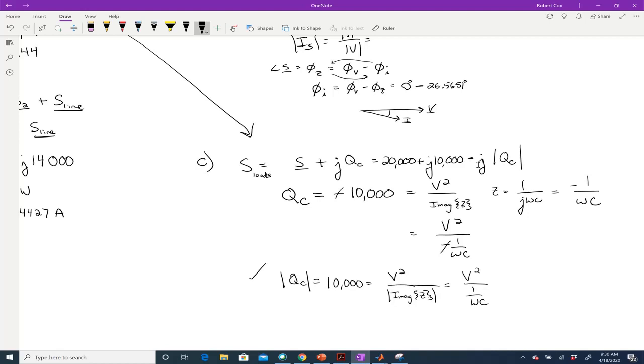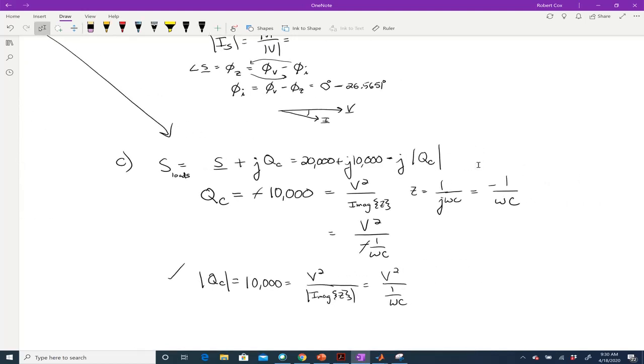If I want to figure out the actual capacitor value in this case, I'll rearrange this to be V squared omega C. So C equals the 10,000 VARs that I need divided by volts squared times omega.